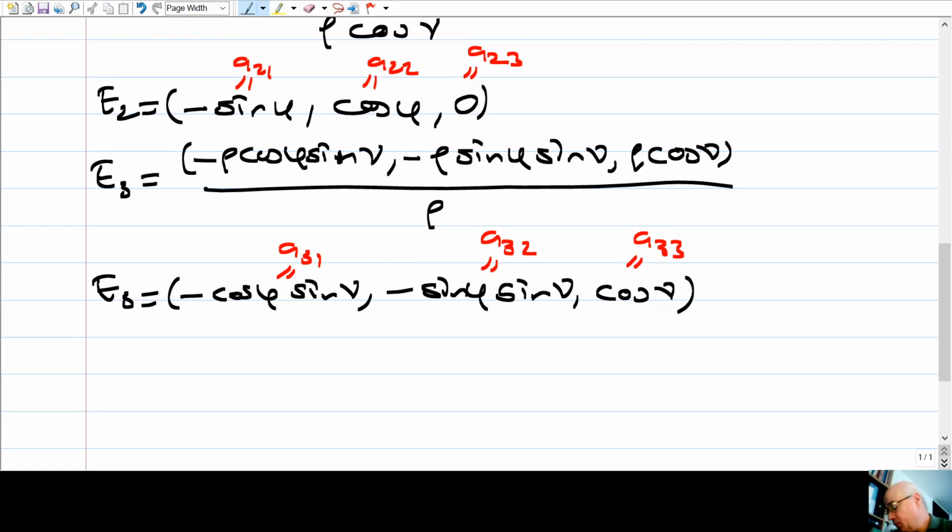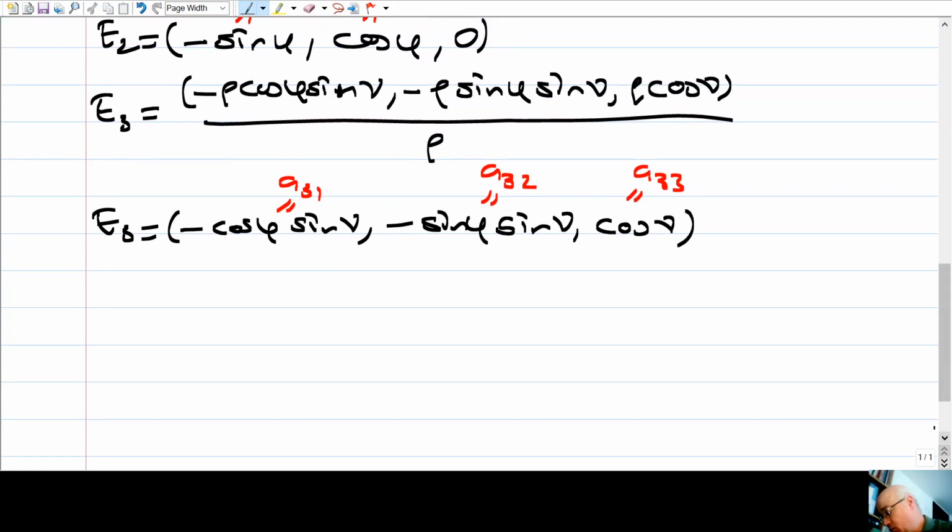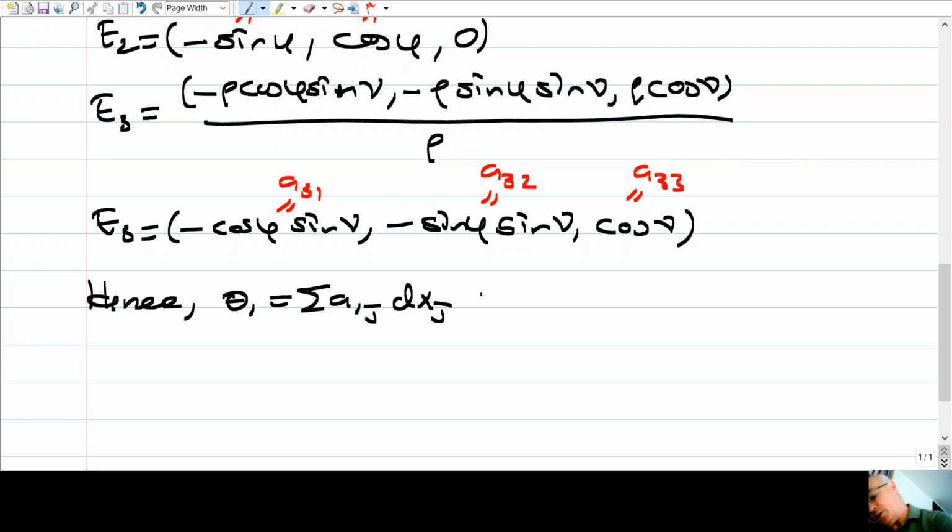Okay, what else? Theta 1, which is A1j dxj, will be what? So this is just A11 dx1, A12 dx2, and A13 dx3.